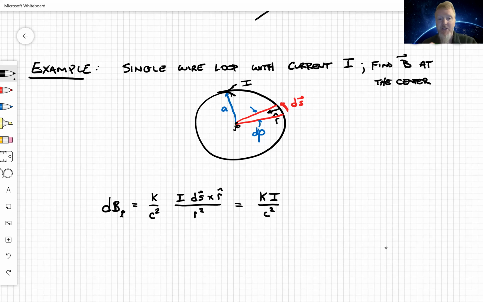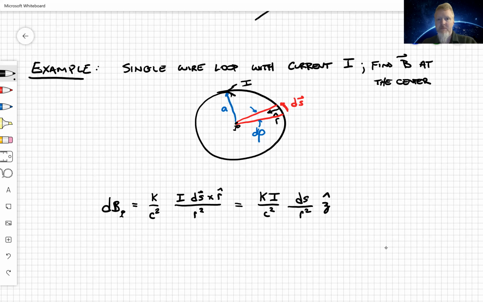That angle doesn't change. The direction is out of the page at me, so that's in the positive z hat direction again. And I've got left over a ds over r squared z hat, right?